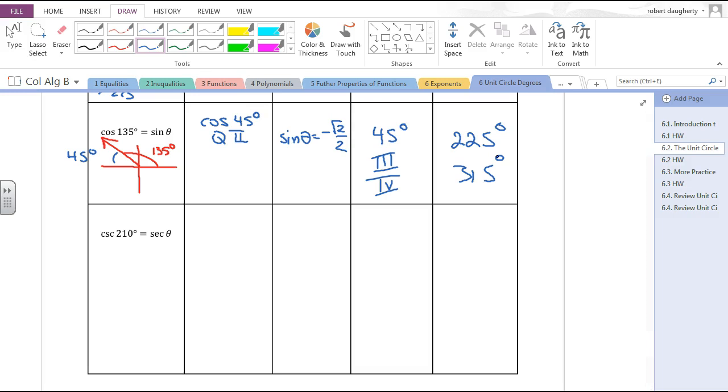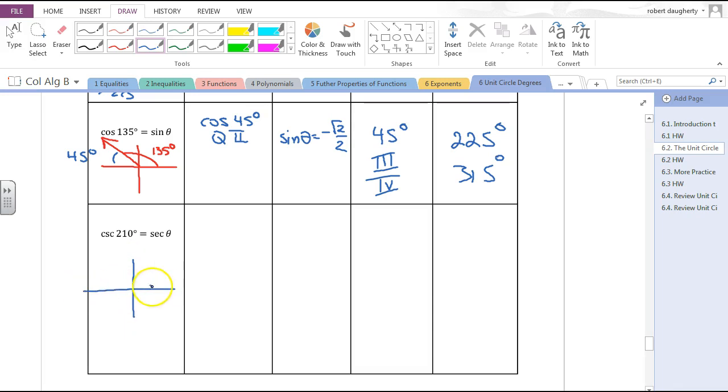The cosecant of 210 equals the secant of theta. So we have to figure out the cosecant of 210. What's the first step in finding out the cosecant of 210? We won't have a calculator for this. Well, figure out where 210 is.